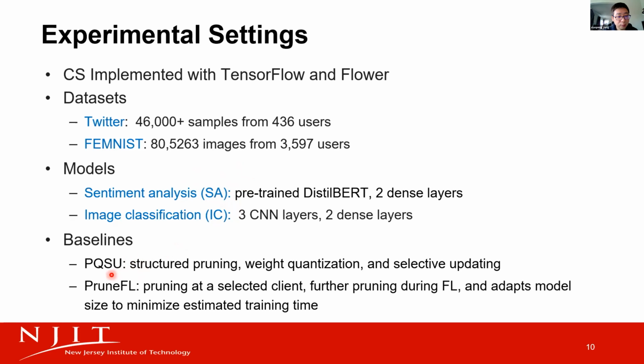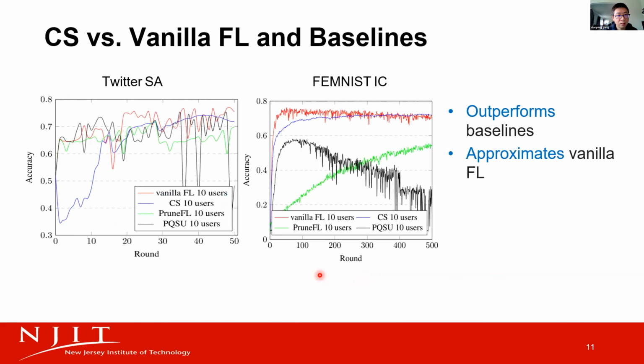The second one is PruneFL, which first prunes at the selected clients and also does further pruning during the federated learning process. And it can update the model size to minimize the estimated training time. So in this slide, I've shown you some comparison results between complement sparsification, vanilla federated learning, and baselines.